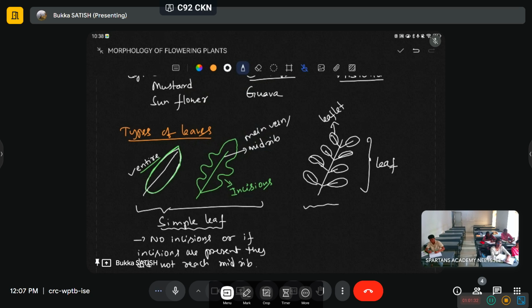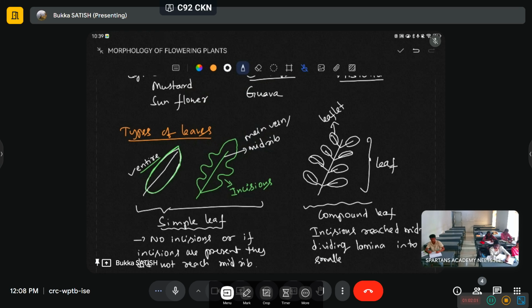But in the next type of leaf, called the compound leaf, incisions have reached the midrib, dividing the lamina into smaller parts. What do you call the smaller parts? Leaflets.